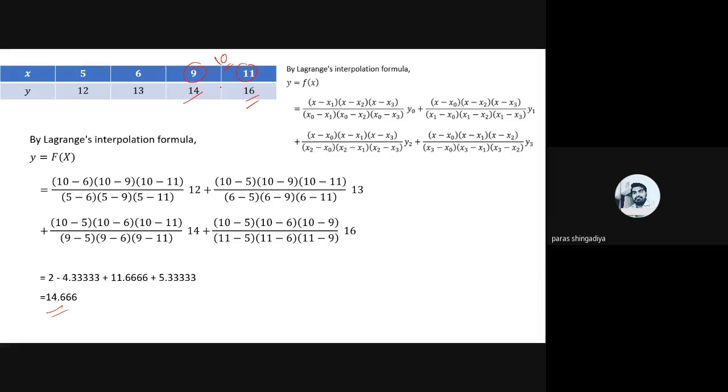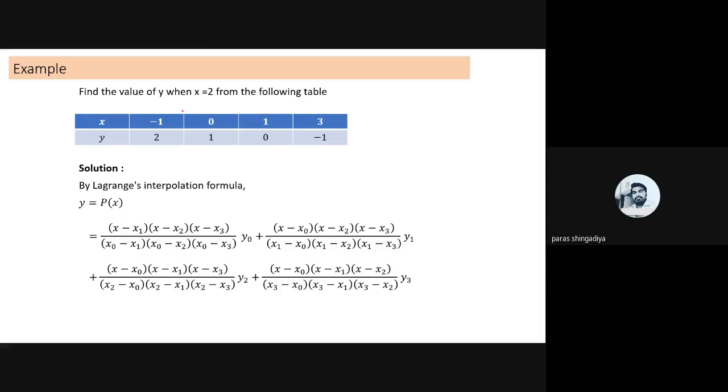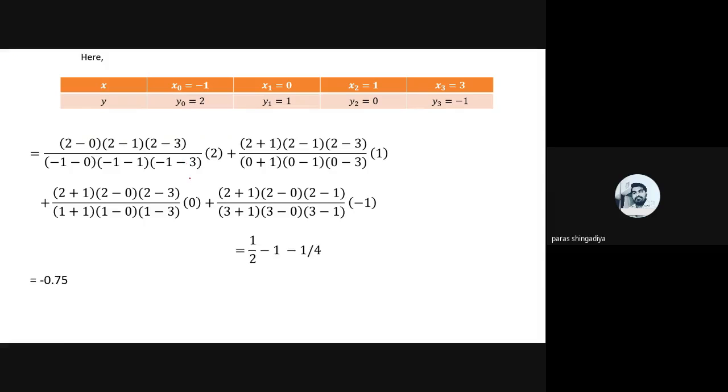So the function's value at x equal to 10 should lie between 14 and 16. Here it is 14.66, so it is the correct form of answer, and we can consider it an approximate value. After that we completed one more example in the last lecture, and the answer is minus 0.75 for this data.